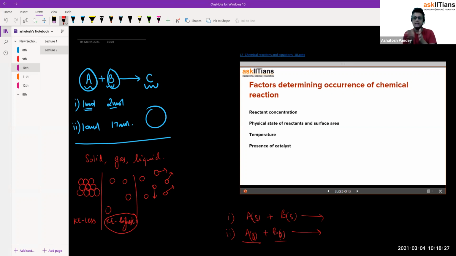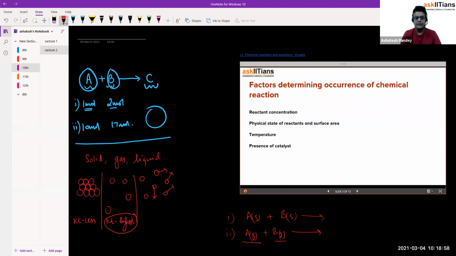Now, if we have another case where the surface area is very small, this much only, and the other reactant has more surface area, then the interaction between these two will be less. So when lesser surface areas are interacting with each other, then fewer molecules are interacting. More surface area means more molecules, less surface area means fewer molecules.